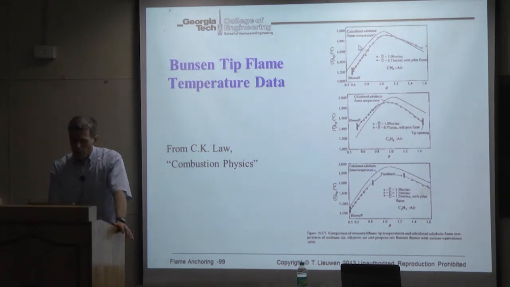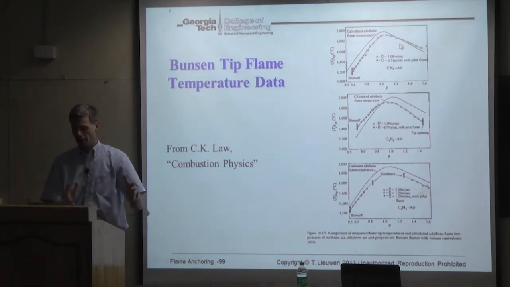But it's also pretty clear that the data is shifted to the right. If I took this curve and shifted it to the right, you can see how it gets pushed underneath. The measured temperature is less than the adiabatic flame temperature when we're fuel lean, and once we go fuel rich, the measured flame temperature is higher than the adiabatic flame temperature.